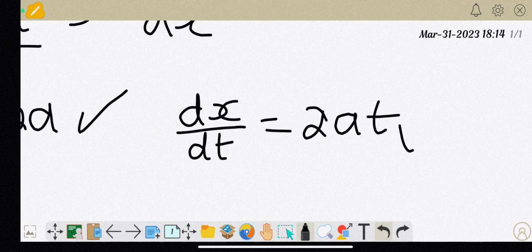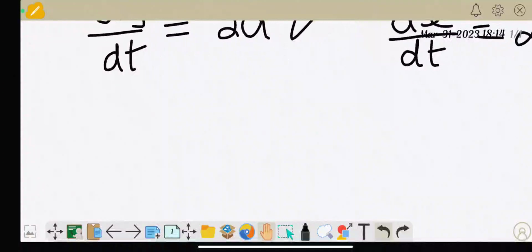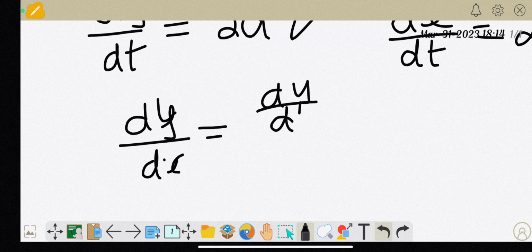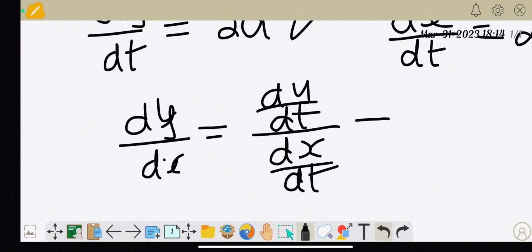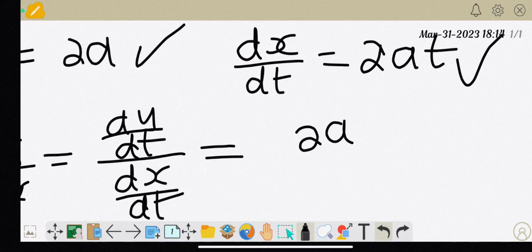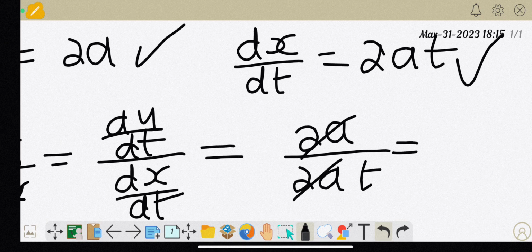I found this also. Next step, dy by dx is equal to dy by dt divided by dx by dt, correct? So dy by dt is 2a divided by 2a into t. So 2a will cancel, 1 by t is left. This is how you find the answer. So you understood this, right?